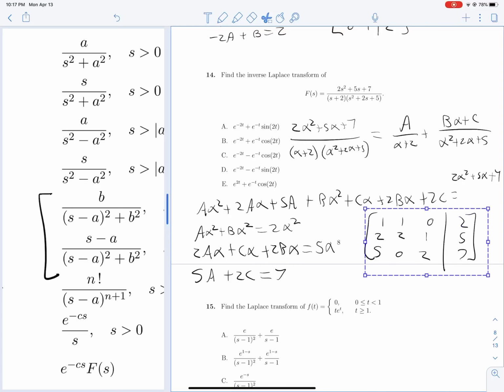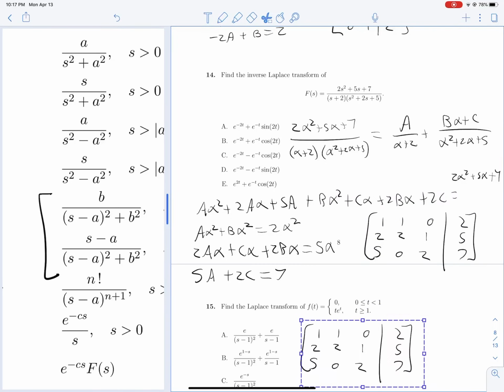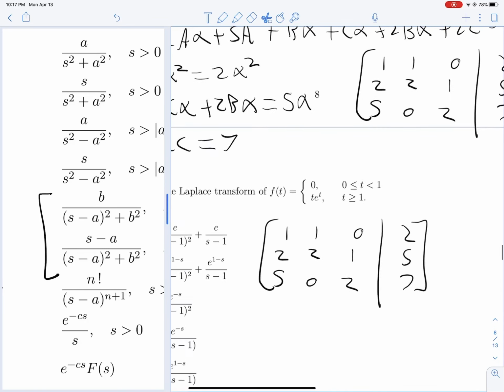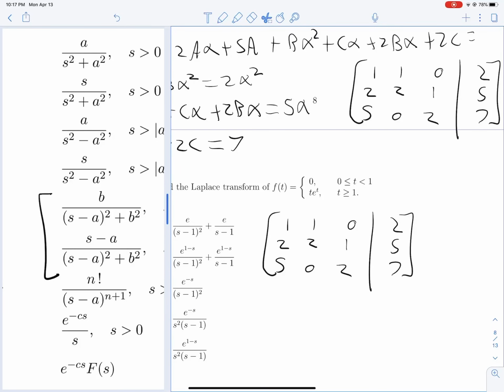I'm going to copy this over in case I make any mistakes, and I think we're actually going to go down into this other problem to solve this. We generally need a lot of space on these questions. So this 1, 1, and 2, 2 are looking good. So we're going to subtract 2 row 1s from row 2. That will give us 0, 0 minus 4 here is 1.